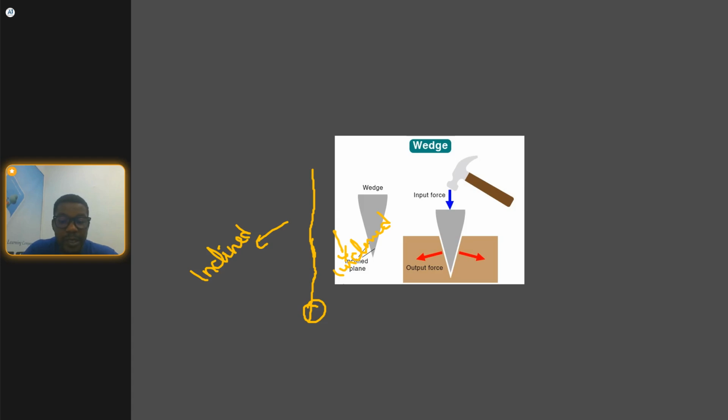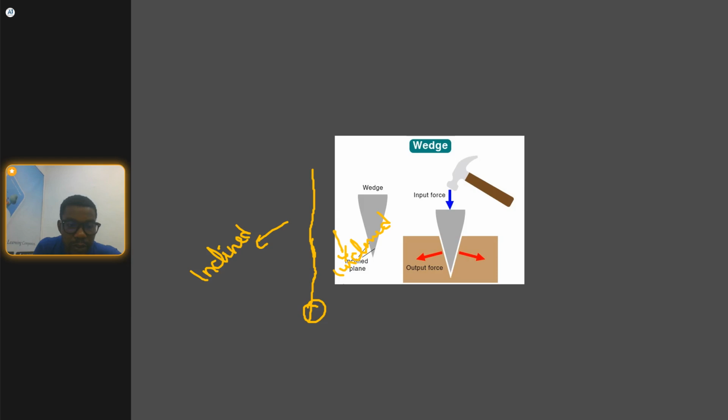If you are to separate a timber, you are going to use the wedge. People that work in factories where they deal with timber, if they want to separate a very big timber, they make use of the wedge. They will put the wedge on that timber and use the hammer. Heavy force is required to ensure that the timber is divided or separated into two.